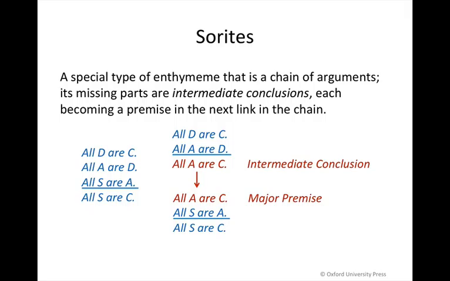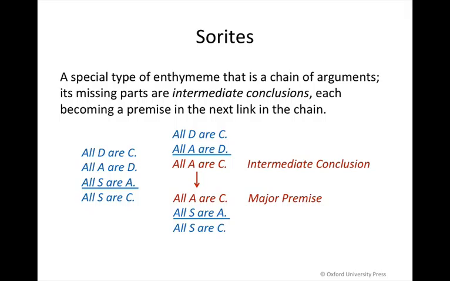When we have chains of arguments, we have arguments that involve intermediate conclusions. And what we need to do is work through the inference to that conclusion so that we can get to the second argument that's in this chain of reasoning, and therefore finally get to the conclusion.